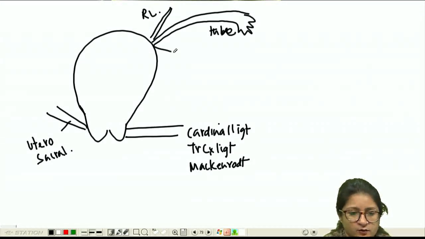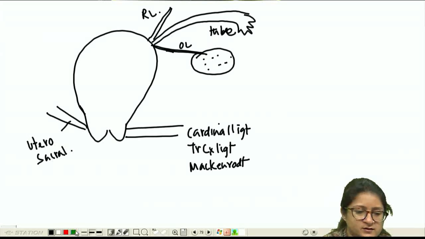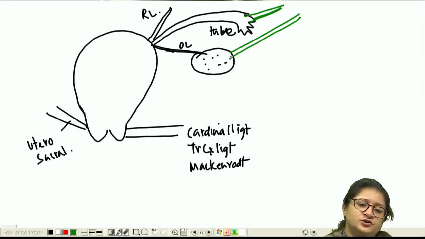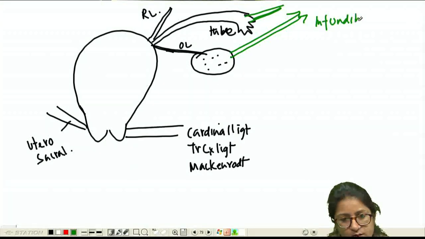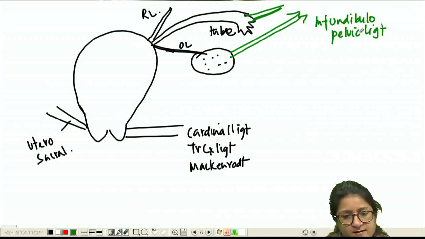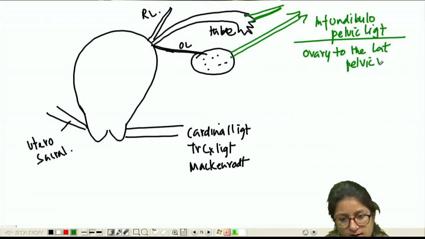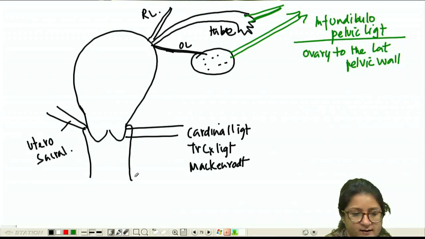There is an ovarian ligament connecting the uterus to the ovary, and there is another ligament connecting the tube and the ovary to the lateral pelvic wall. This is the infundibulopelvic ligament. And here is going to be the vaginal cuff.